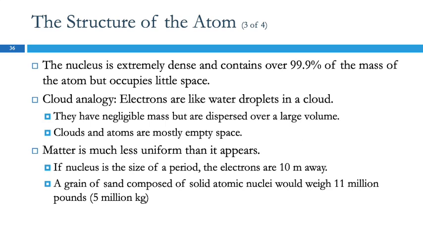So the nucleus is extremely dense. That's an understatement. Over 99.9% of the mass of the atom is in the nucleus, and yet it occupies very little space. You could think of it a little bit like a cloud. The electrons are a bit like the water droplets in a cloud. So you can see a cloud, or you can see the fog in the winter, right?